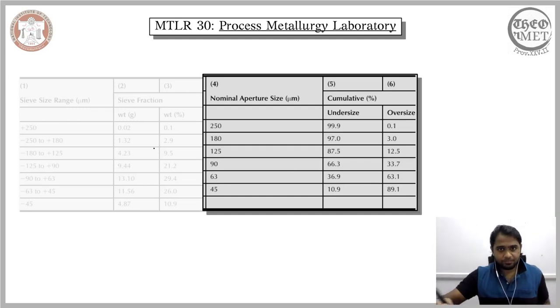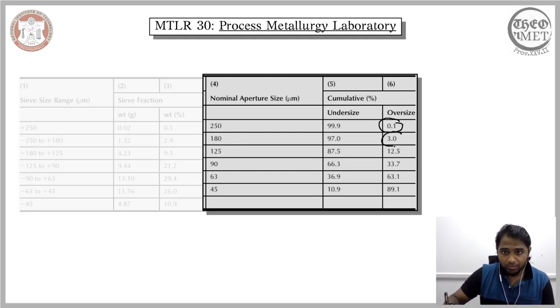So essentially, the aperture of 250 micron holds 0.1% of your overall particles. The aperture of 180 micron holds 3% of your overall fragments, and so on and so forth. And finally, the aperture of 45 micron holds about 89% of your overall particles.